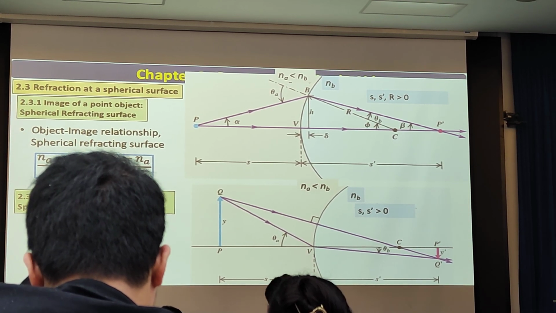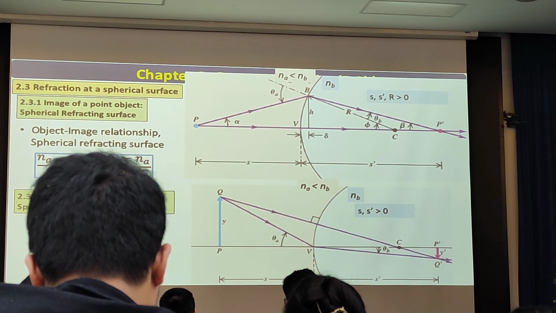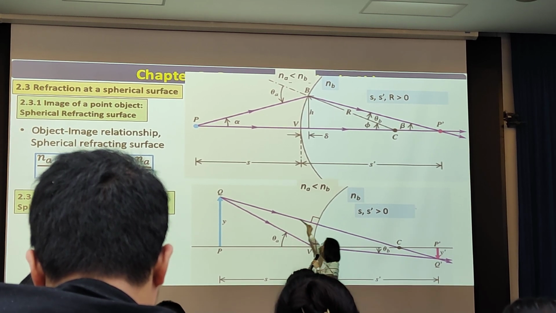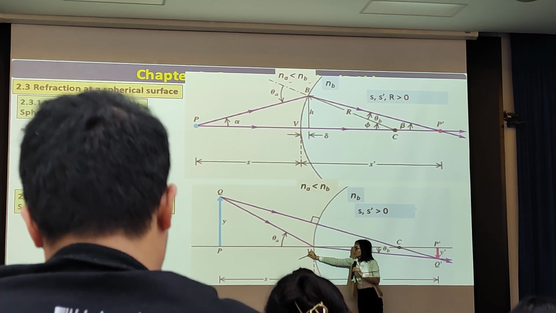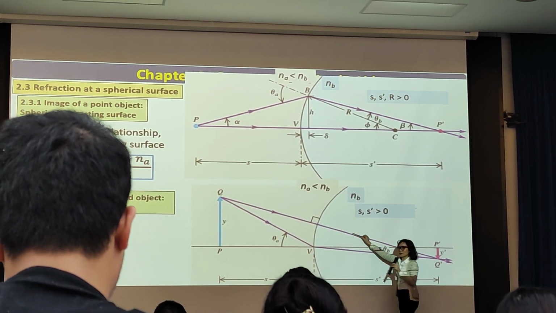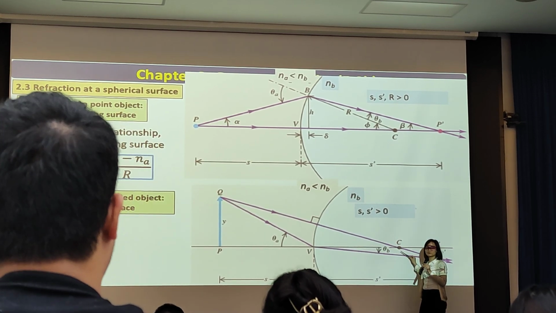Why it goes straight? Any idea why it goes straight into the second medium? If we draw this from Q coming to this, and this color and this color to show two different materials. Q to C and go straight.